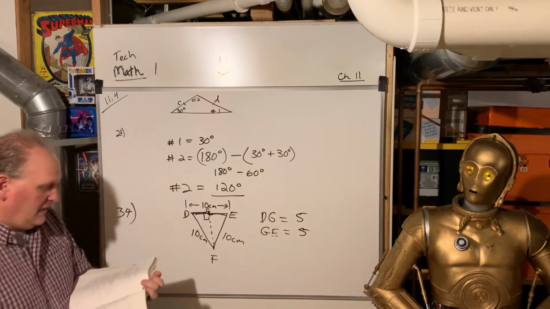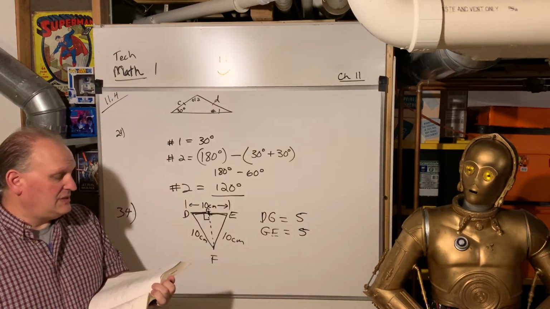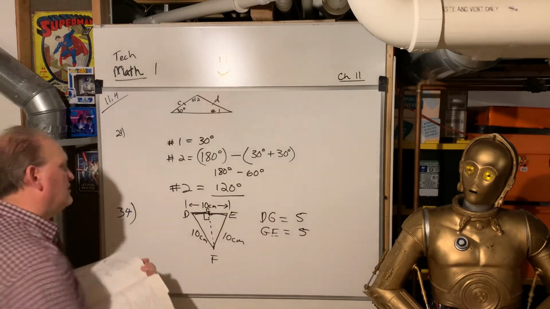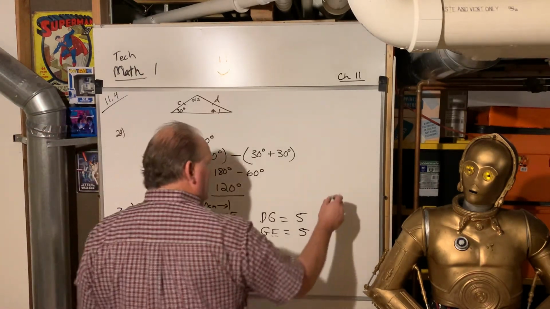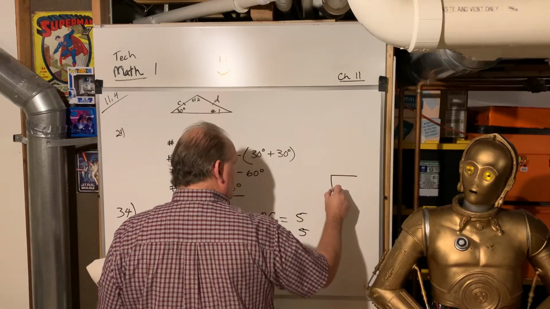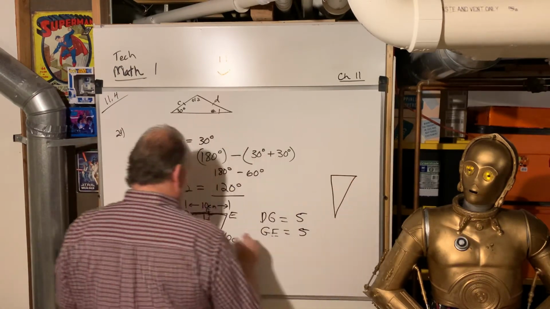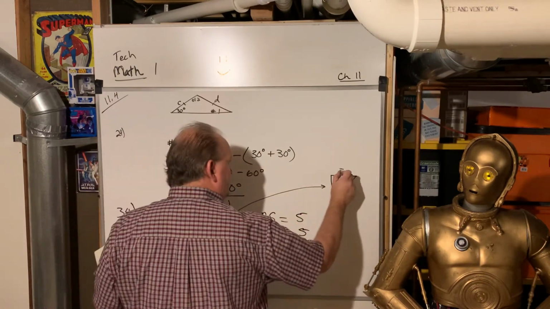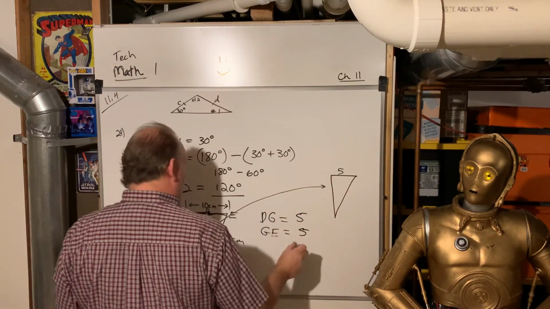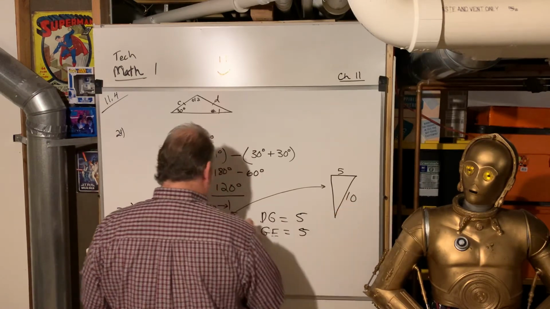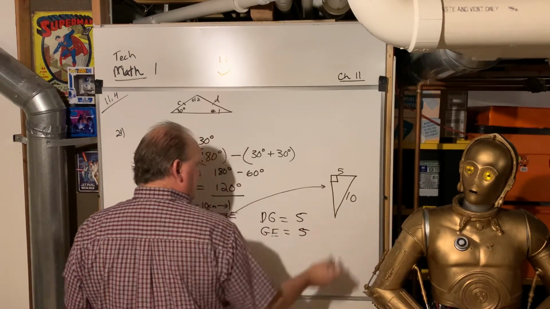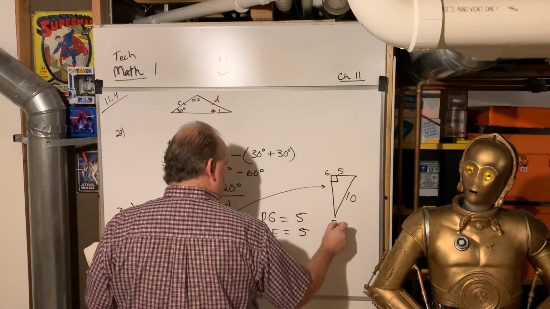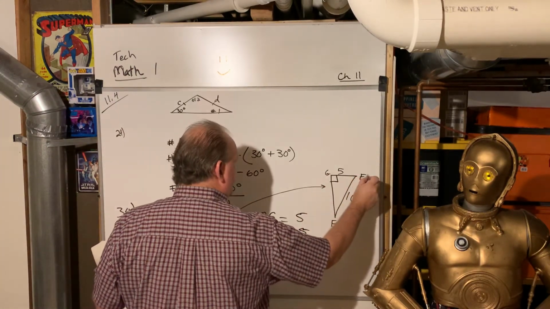All right. And then let's see, using Pythagorean's theorem, find FG. Oh, okay, so now we're going to take this. That's just this part, so I just took that half of it. We know this is 5 from that question. We know this is 10. We know this is a 90-degree angle. And so they want me to find GF. All right?